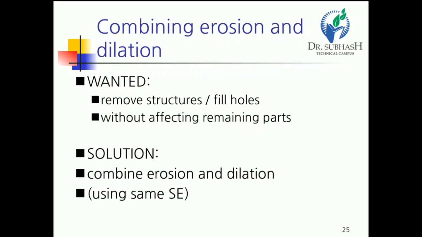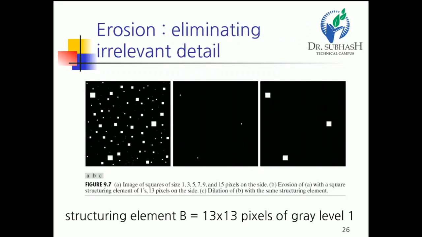So one thing to always remember: we can never affect the remaining parts of the image. The solution is to combine erosion and dilation using the same structuring element. Erosion eliminates irrelevant details. In this image, the squares are of sizes 1, 3, 5, 7, 9 and 15 pixels.